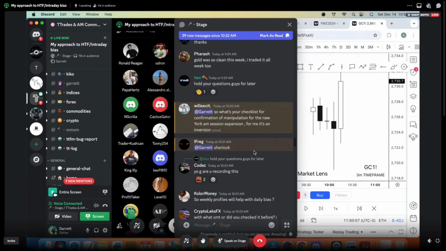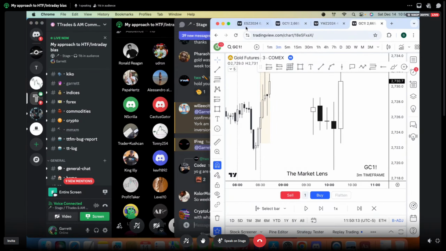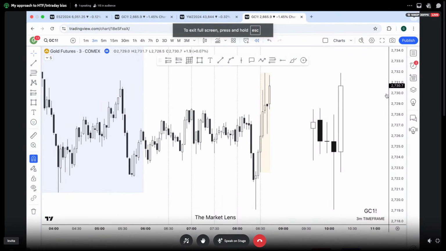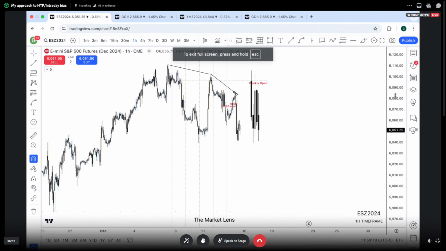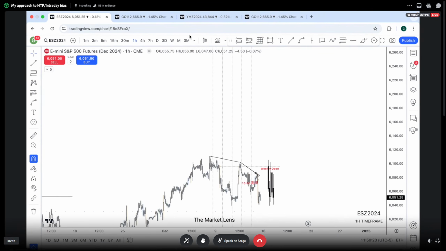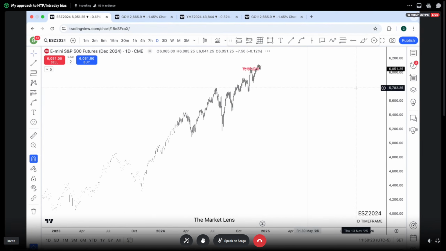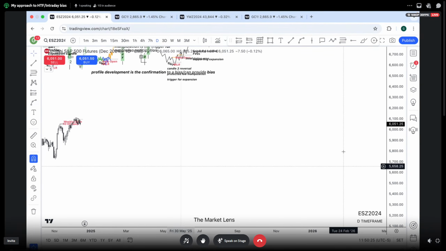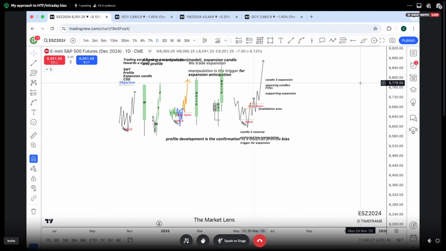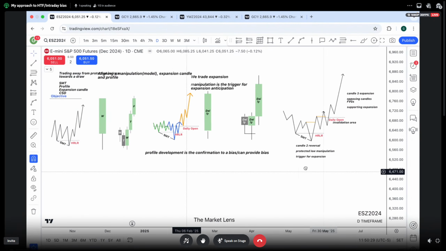So what's your checklist for confirmation of manipulation in your expansion? It's not so much a lower time frame. I think I already went over it. It's always going to look something like this.